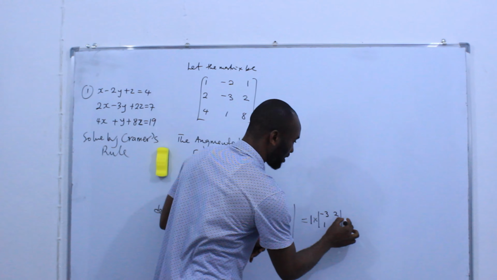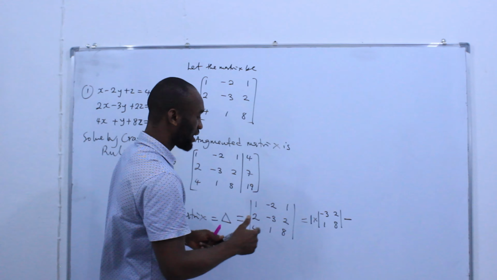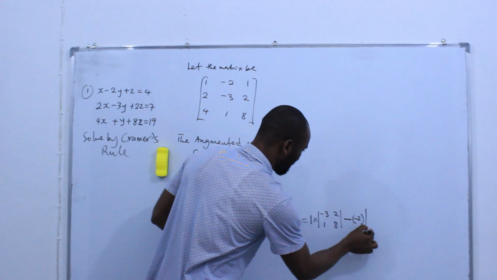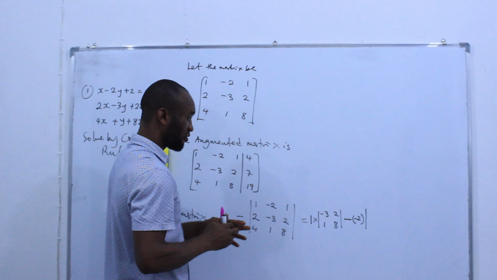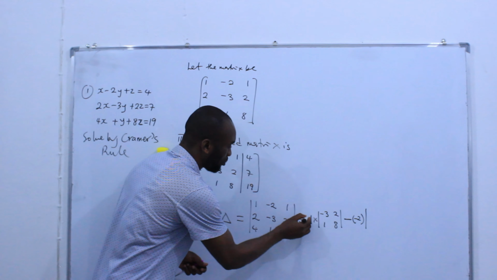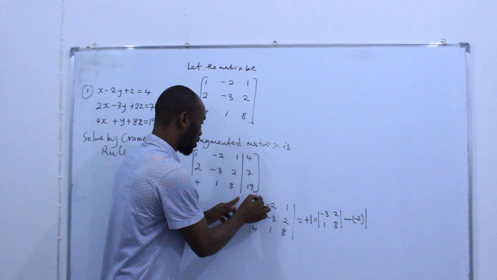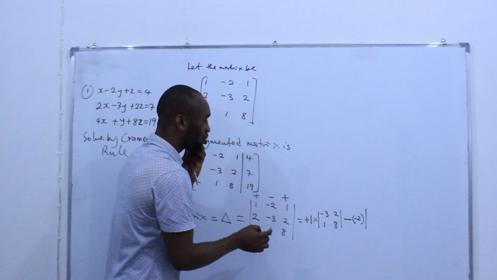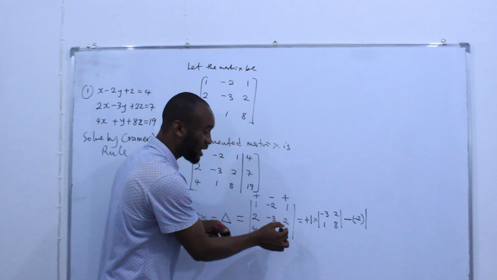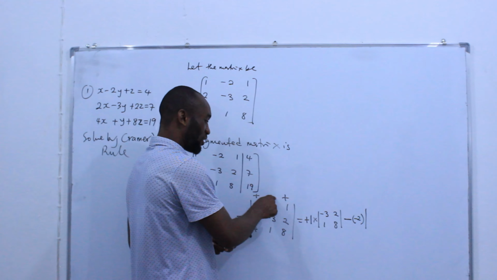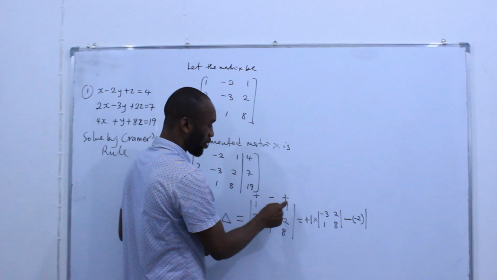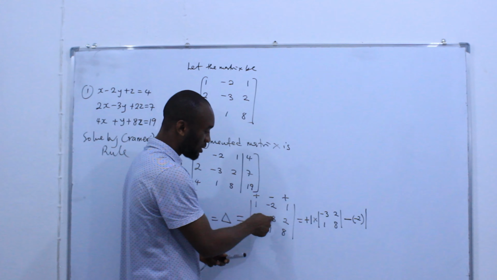Minus, there's a conventional negative sign that you bring in, and then you bring in this minus 2 and multiply it by the determinant. Conventionally we use plus, minus, plus. So I've taken plus 1 times the determinant of the remaining elements here, minus 2 times: eliminate 1 and 1 because they're on the same row with 2, and eliminate minus 3 and 1.